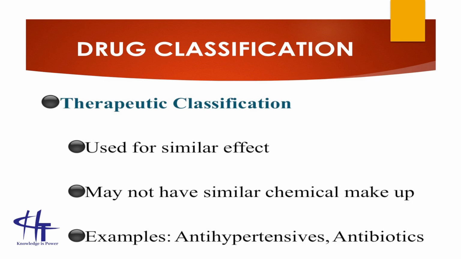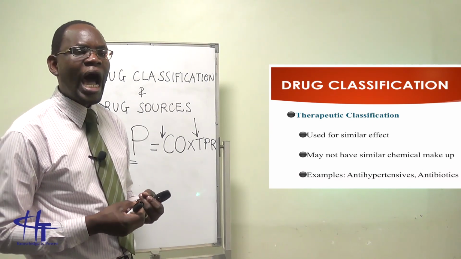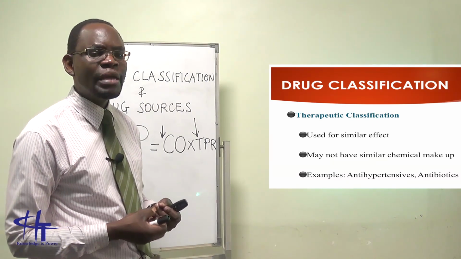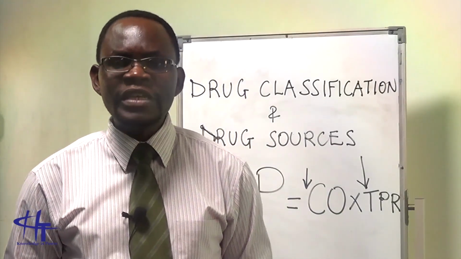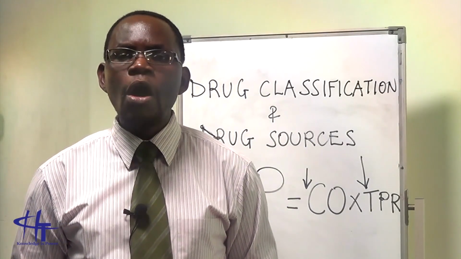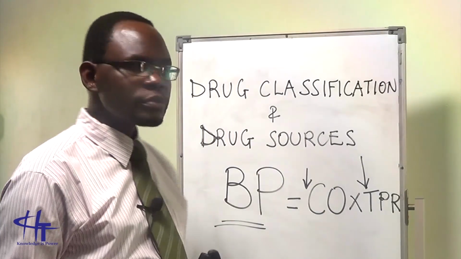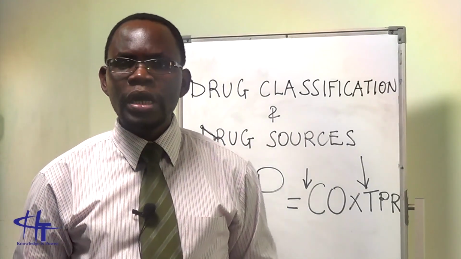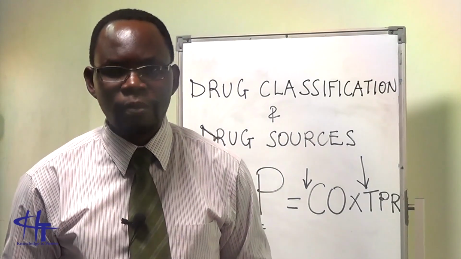In this particular case, lowering the blood pressure. I'll give you an example of antihypertensives. You have classes of diuretics. You have drugs called angiotensin converting enzyme inhibitors, like lisinopril. Their overall effect is to lower the blood pressure. And so we refer to that as therapeutic classification.